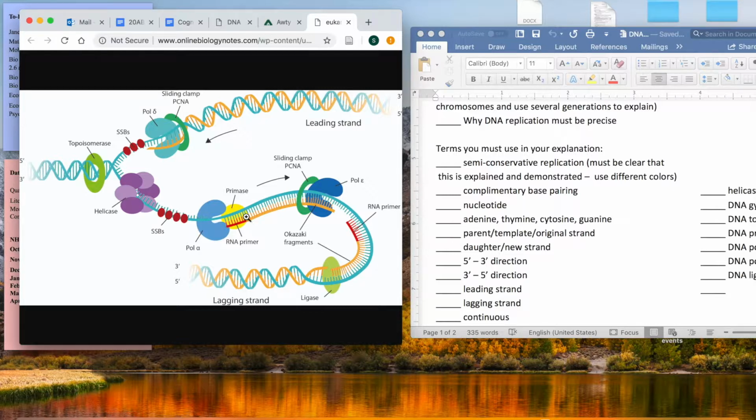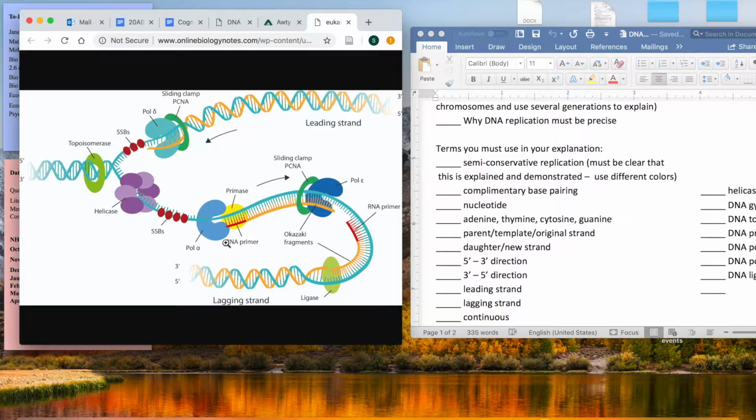And so moving on, the idea of the leading versus the lagging strand is that basically because DNA is anti-parallel, the enzyme that adds the nucleotides, which we will get to later, must move in opposite directions on both the strands.